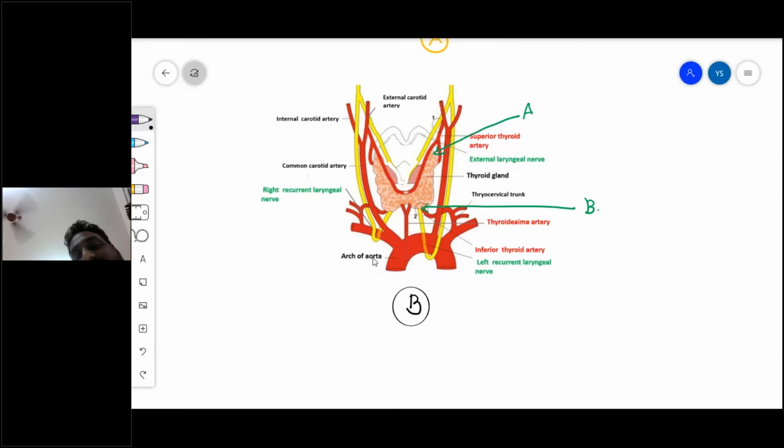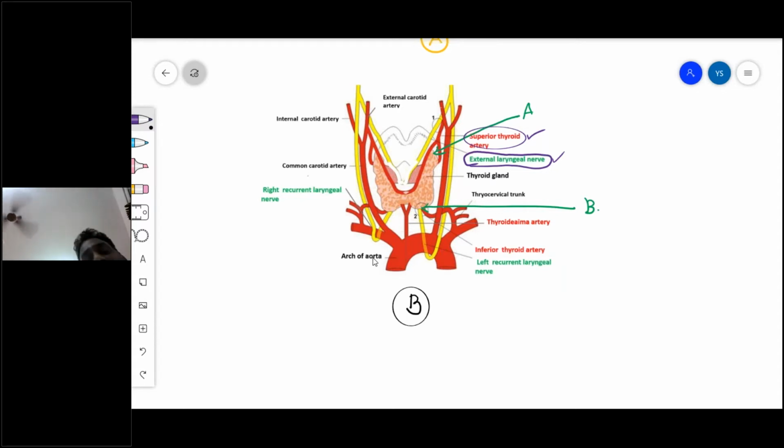Apex is related to one artery, this one, and one nerve. Can you name these two? What is that artery? Superior thyroid artery. And which nerve? External laryngeal nerve. So these are the relations of apex.